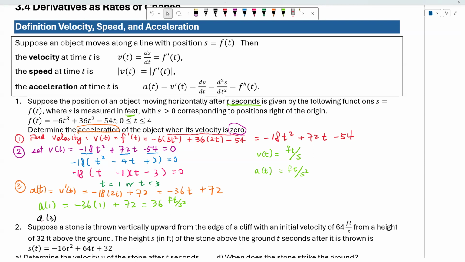And of course, a of 3 will be negative 36 times 3 plus 72. Then I have negative 108 plus 72, so I have negative 36, also in feet per second squared.